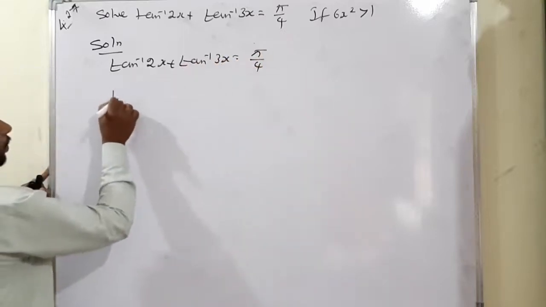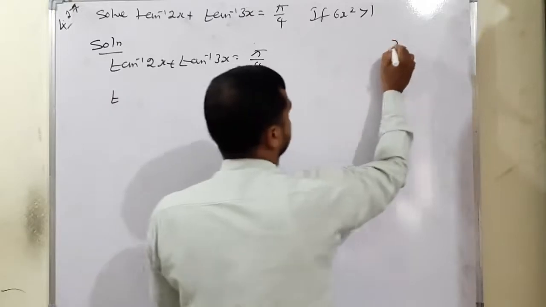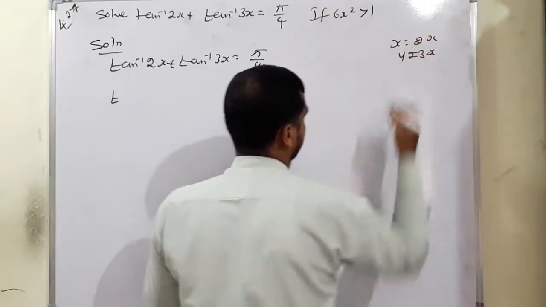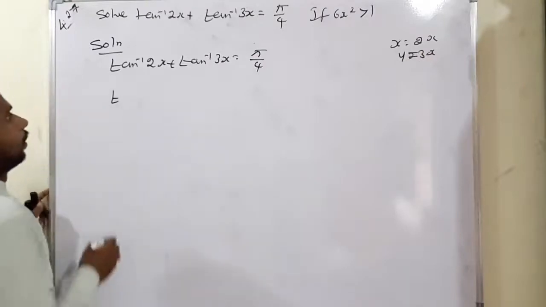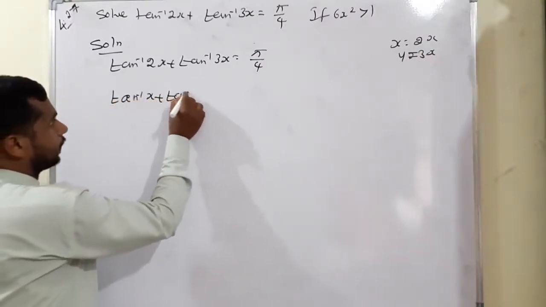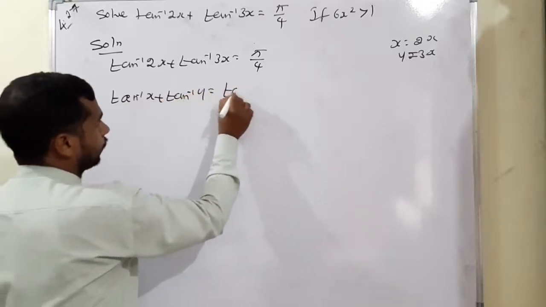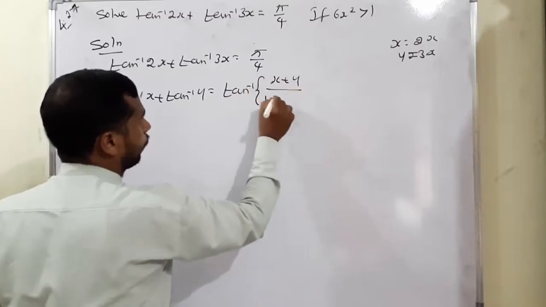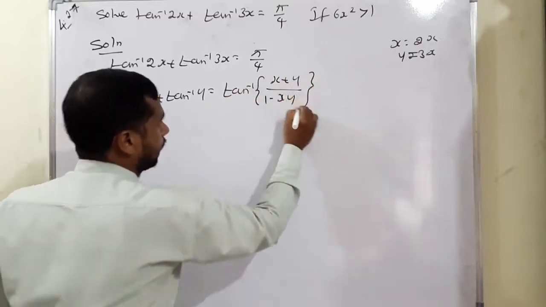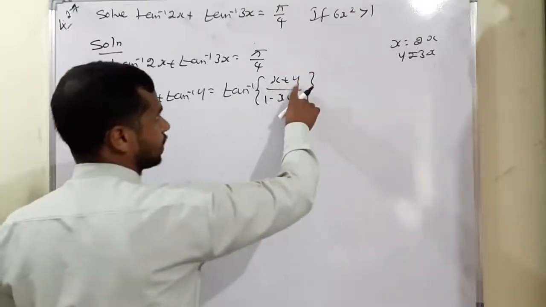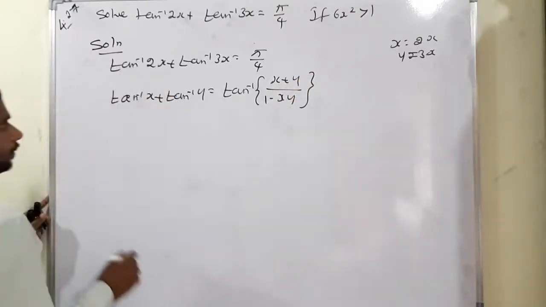What is the formula? First we consider x is equal to 2x and y is equal to 3x. The formula: tan inverse x plus tan inverse y is equal to tan inverse of x plus y over 1 minus xy. So instead of x we take 2x, instead of y we apply 3x.